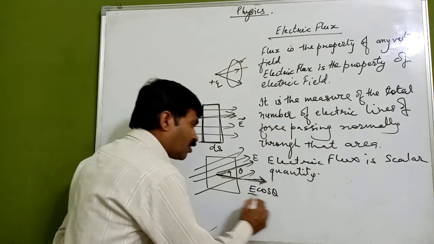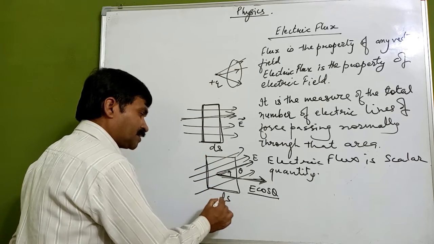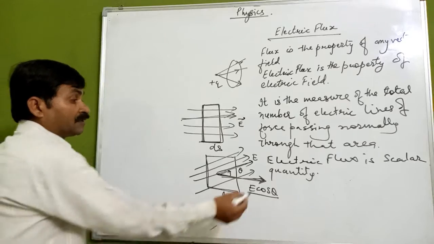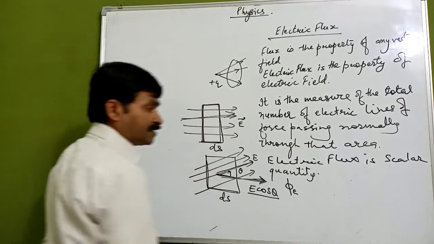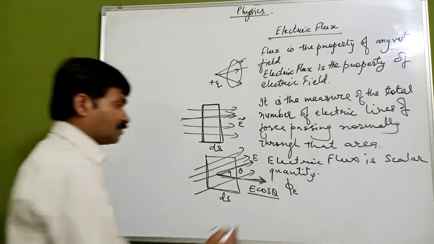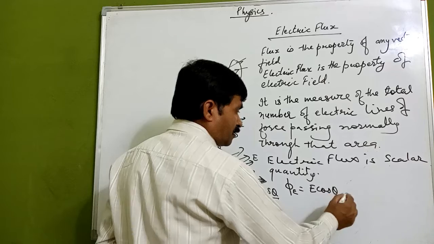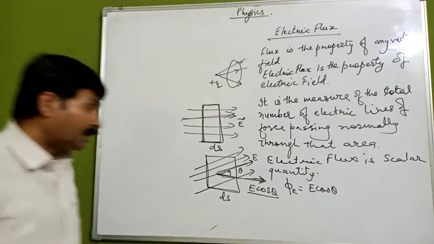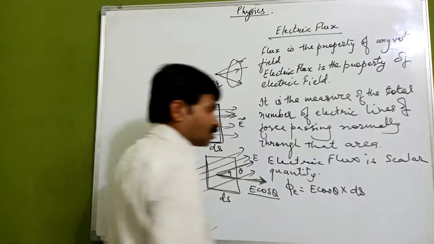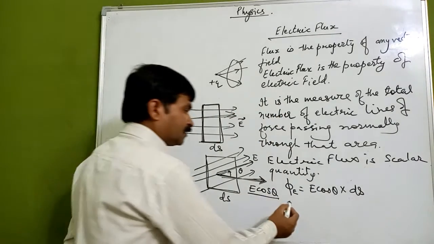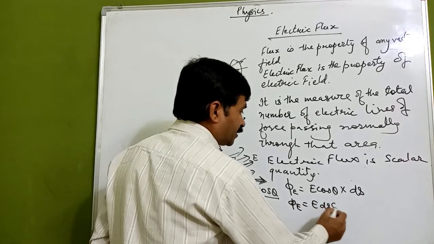Suppose I am taking this area as ds. Then the field lines which we are getting, we represent by phi e, which equals this normal component of the electric field, E cos theta, multiplied by the area. So phi e equals E ds cos theta, that we can write.